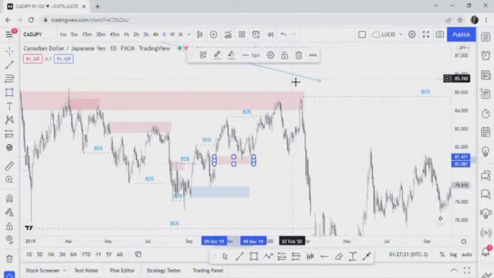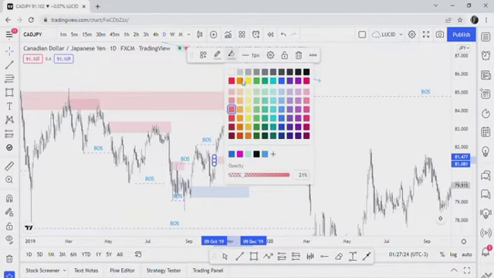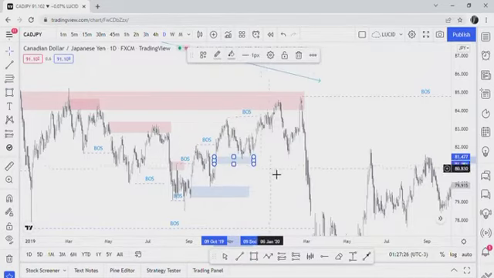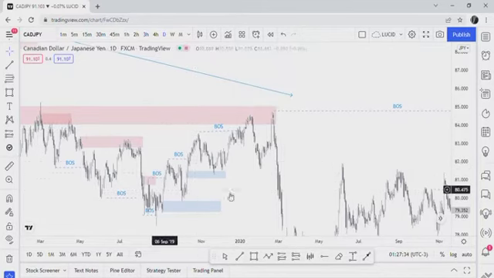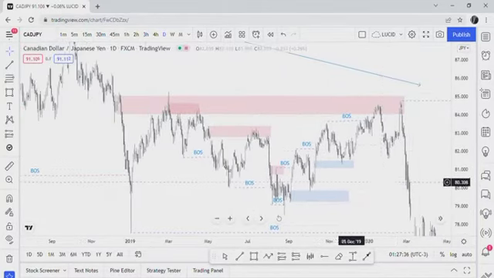Demand started holding, supply started failing over here. The trend is your friend till it's not.